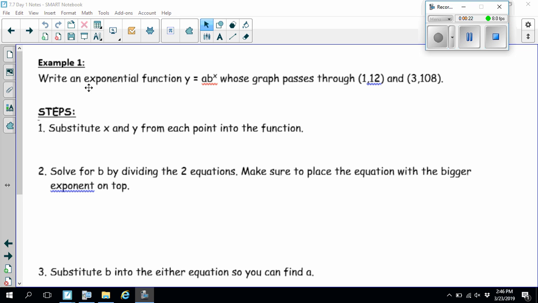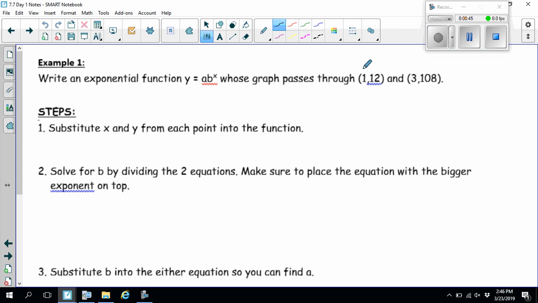So here it says write an exponential function, and they give you the general form y equals a times b to the x, whose graph passes through (1, 12) and (3, 108). Our goal here is we are trying to find the a and b values. Now, in order to do this, our step 1, we're going to substitute x and y from each ordered pair into the function.